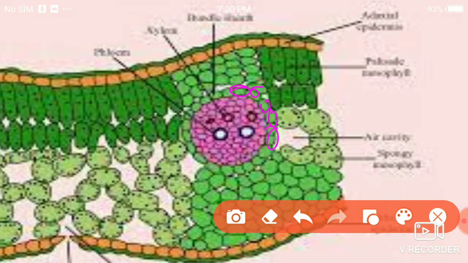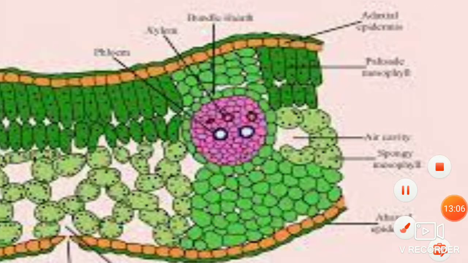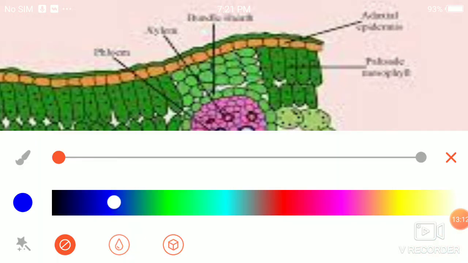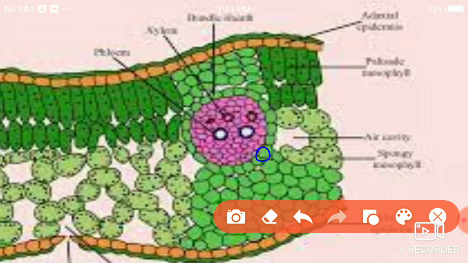You can see that surrounding the vascular bundles, there are bundle sheath cells. If they are present, the plants are called C4 plants.